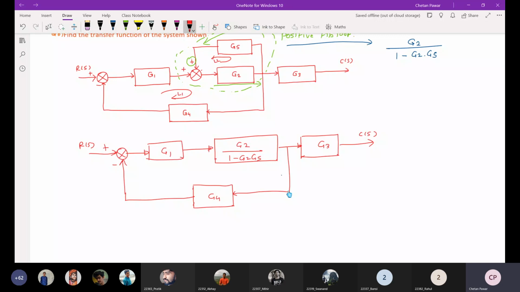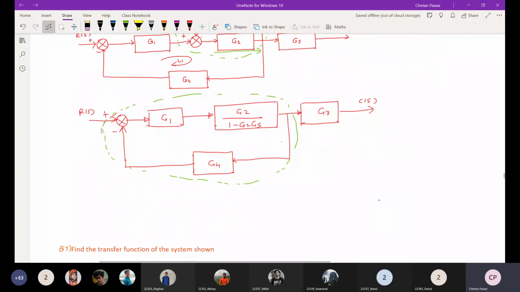Now you can reduce this particular block, right? This one. Which kind of feedback is there, positive or negative? Negative. Okay, so just make a space here.